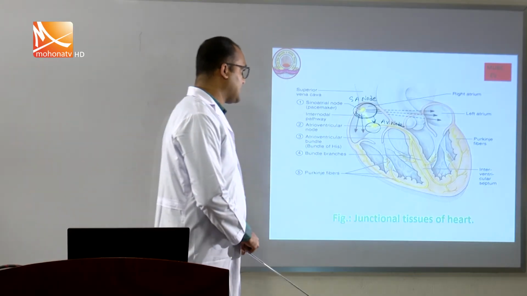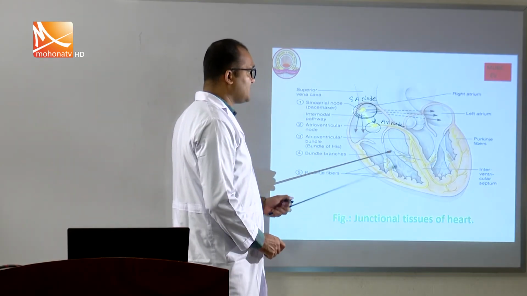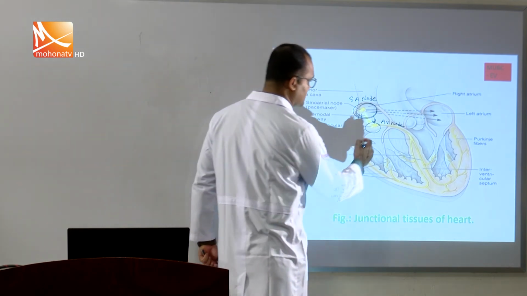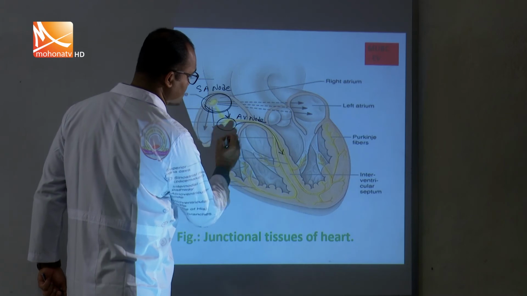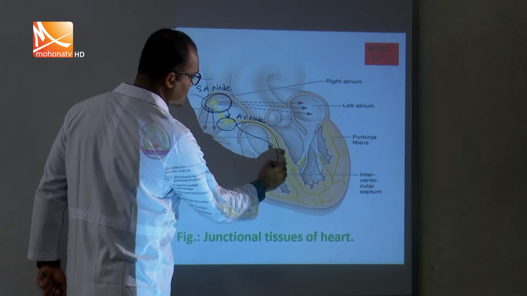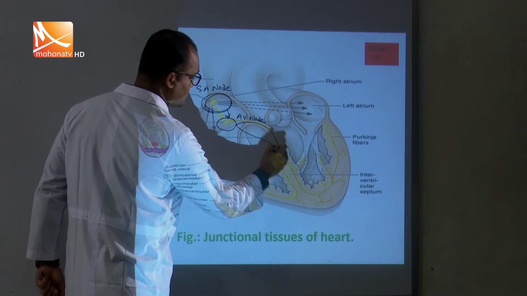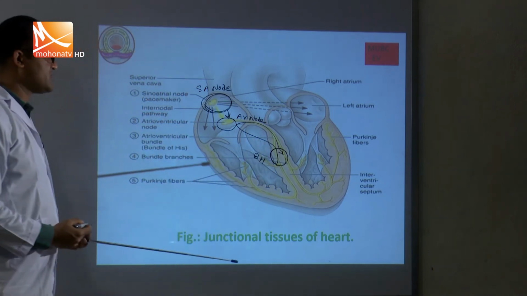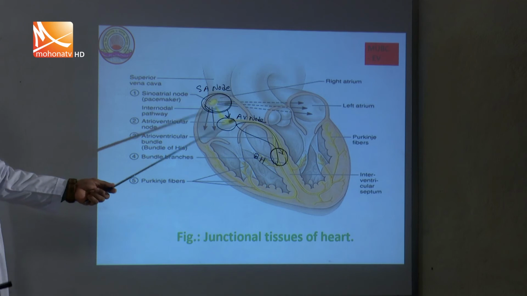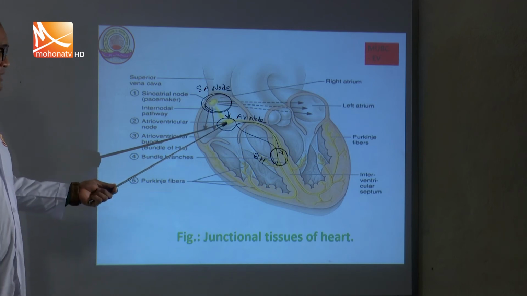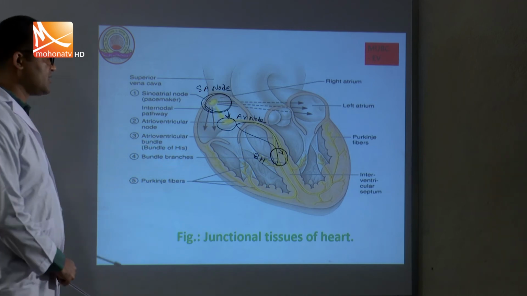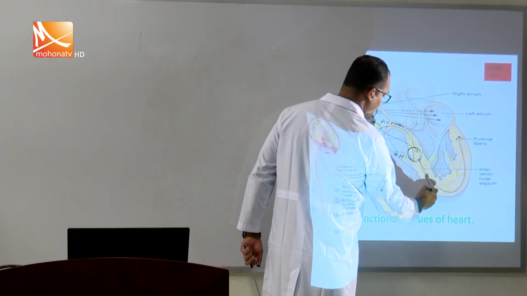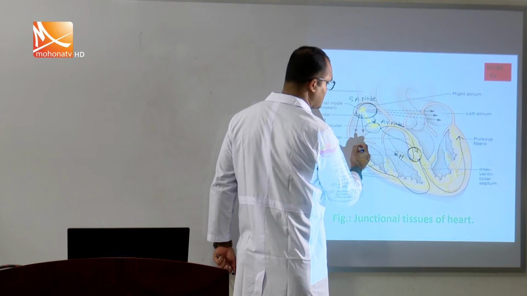So, the next branch tissue is called the bundle of His. The electrical signal is received by the bundle of His from the atrioventricular node. And finally, that signal follows to the apex, that means the lower part of the human heart.